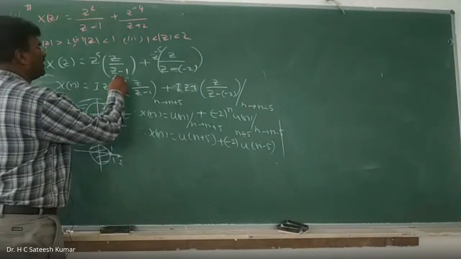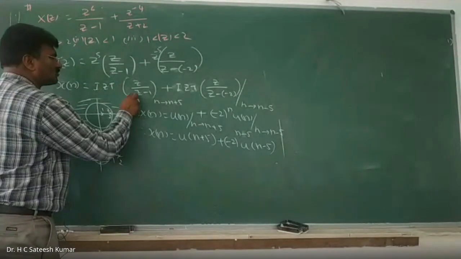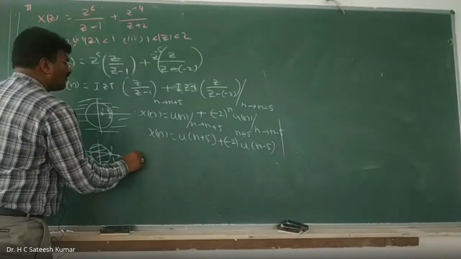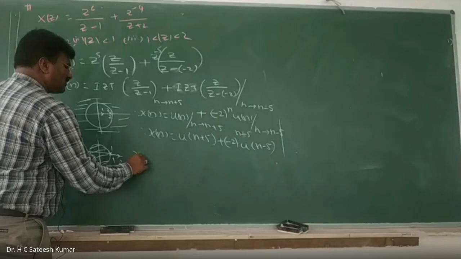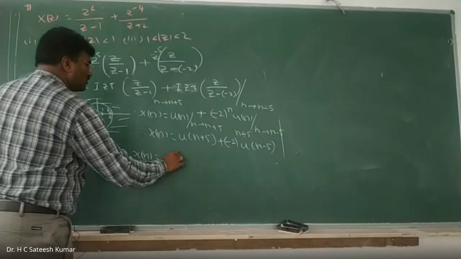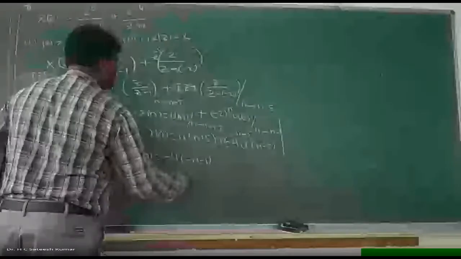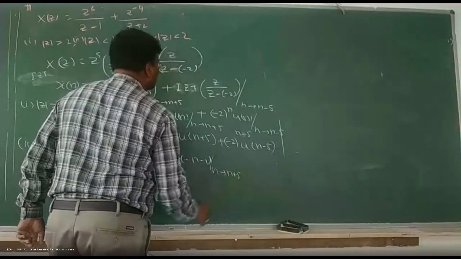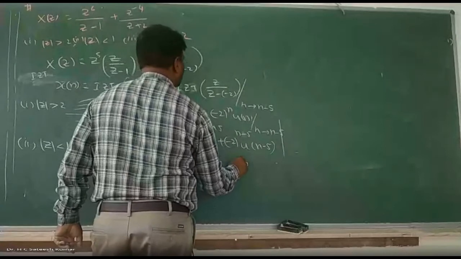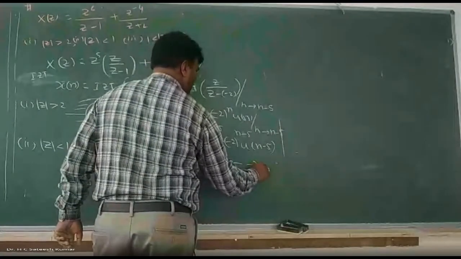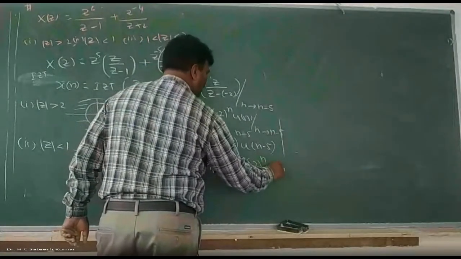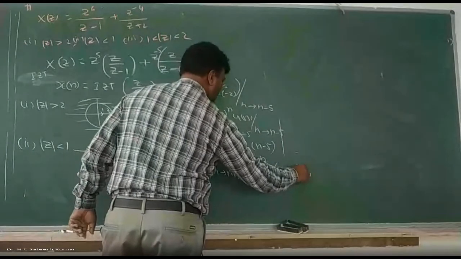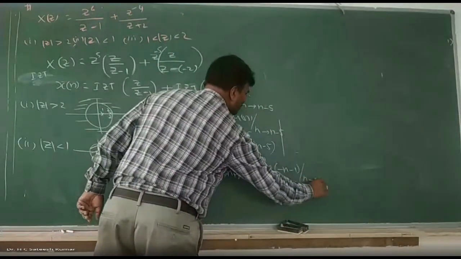The inverse Z transformation of a left-handed sequence: x of n is equal to minus u of minus n minus 1, replacing n by n plus 5. And what about this one? Plus minus of minus 2 power n into u of minus n minus 1, replacing n by n minus 5.